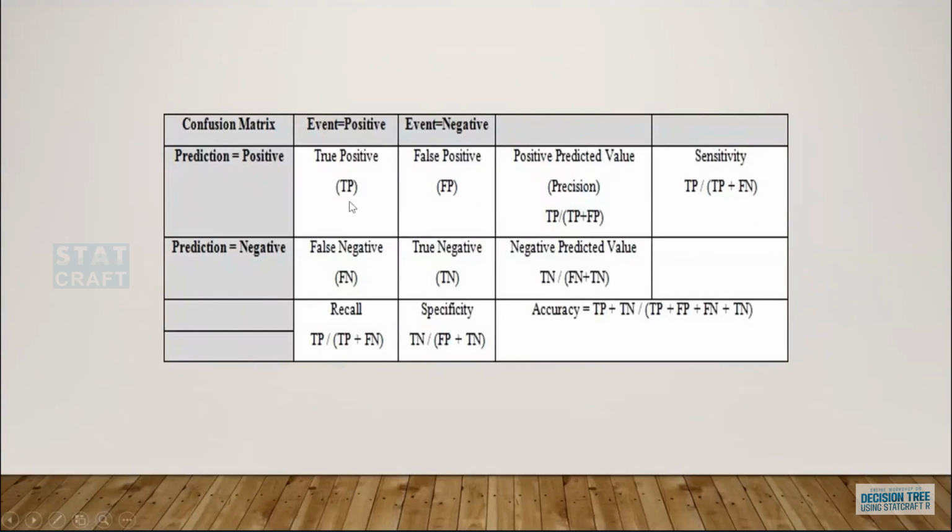True positive divided by true positive plus false negative. What is specificity? True negative divided by false positive plus true negative. Most of the time, we will go for classification accuracy only, which is just simply the diagonals: true positive plus true negative divided by the total number of observations. Is it clear? Say yes or no.